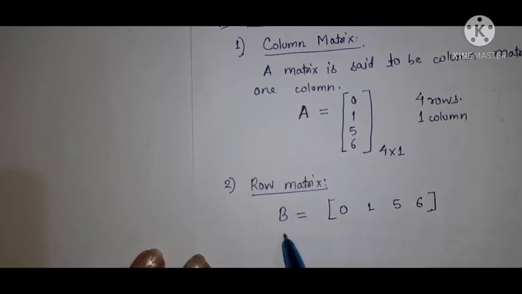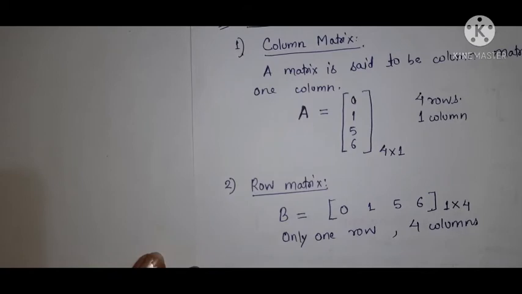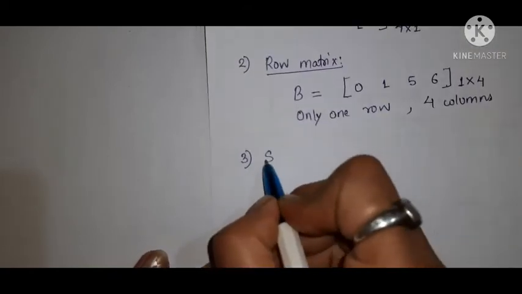Here only one row, but how many columns? There are 4 columns. And what is the order of this matrix? The order of this matrix is 1 cross 4 or 1 by 4. So it is called row matrix. The third type is square matrix.